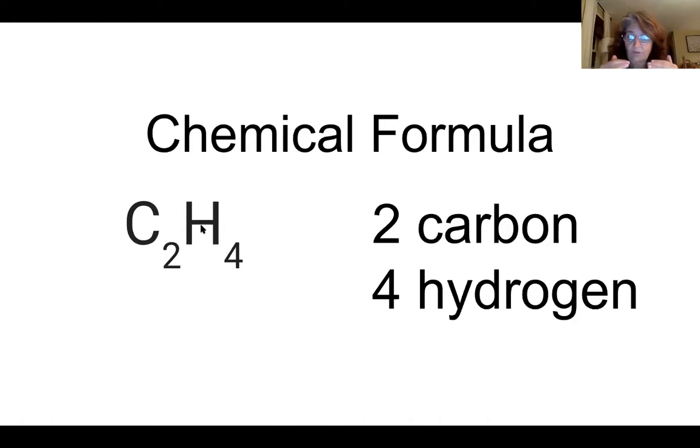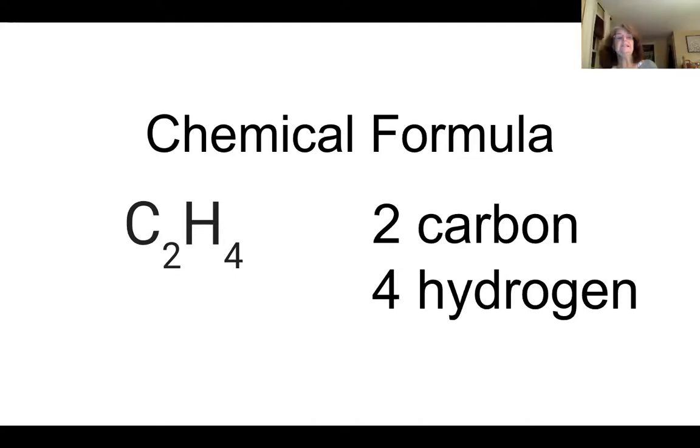These subscripts underneath the element tell us the number of atoms of that element. If it were just saying C with no number below it, it's understood that the number is 1.